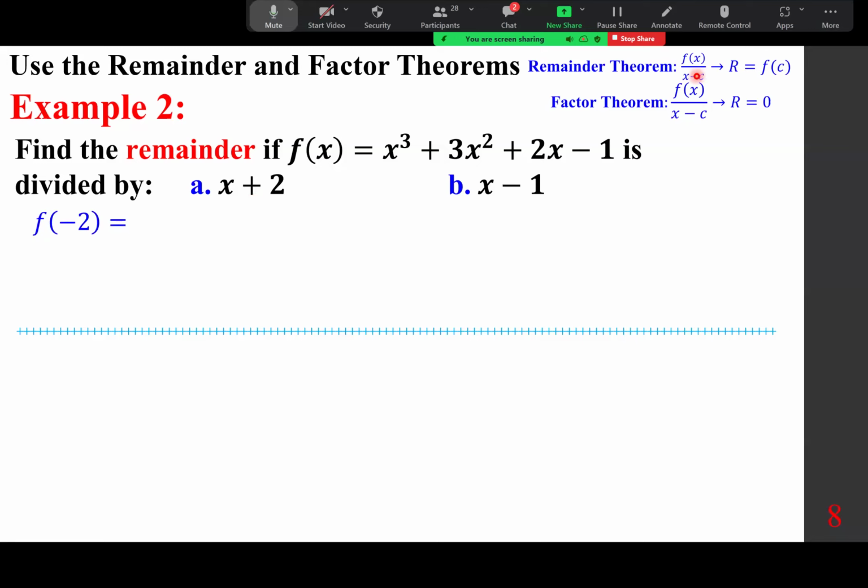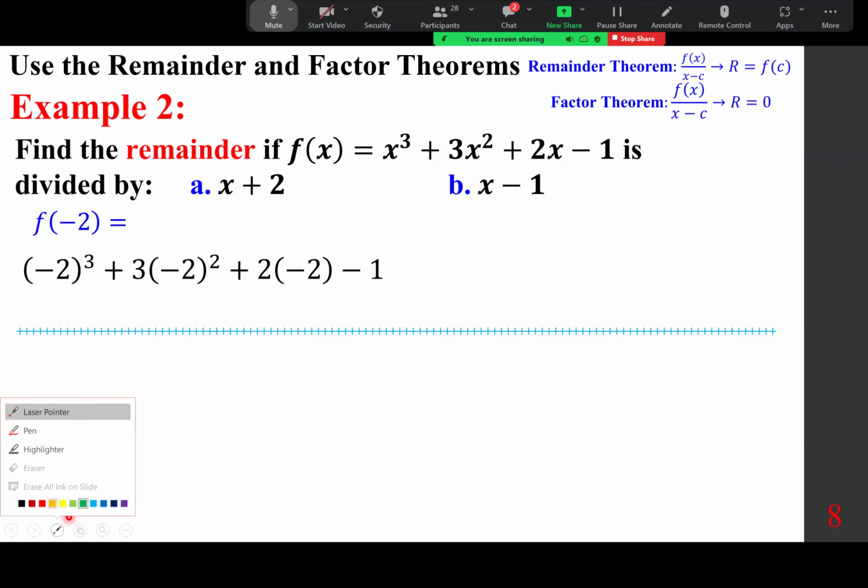So take a look at this one. So that means I'm going to put negative 2 here and say negative 2 cubed plus 3 times negative 2 squared plus 2 times negative 2 minus 1. That's how we do that. So this is negative 8.